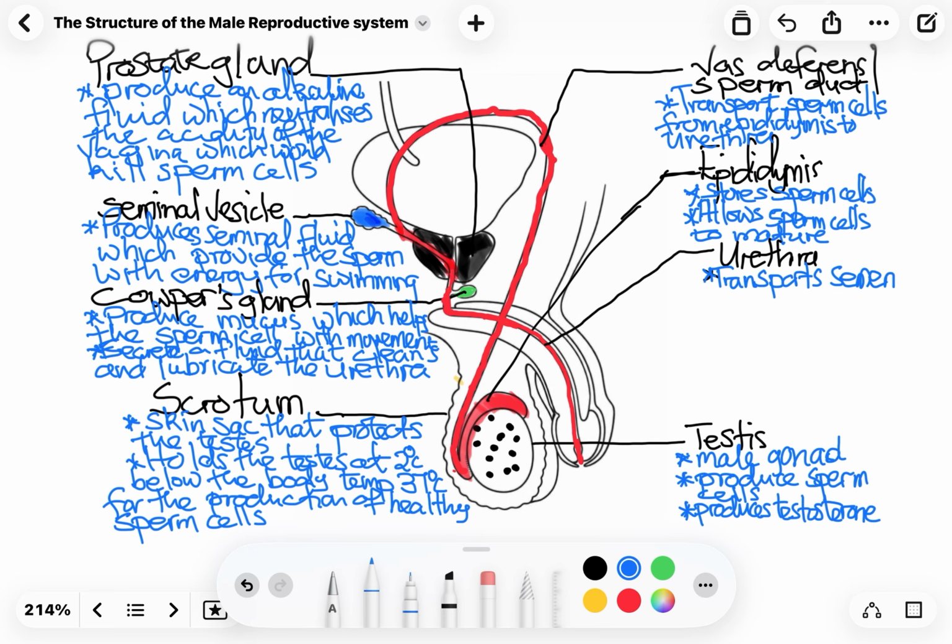This system is about semen, right? And from another system, which is the urinary system, it is carrying or transporting urine, right, out of the body.